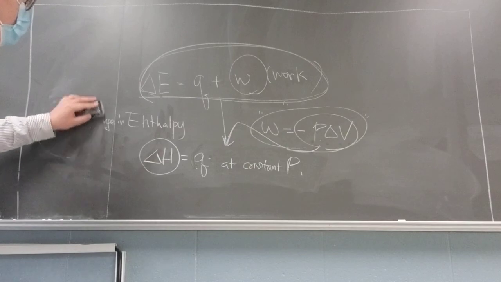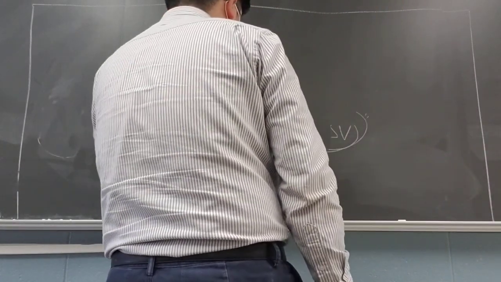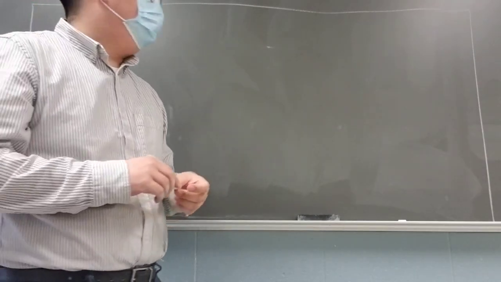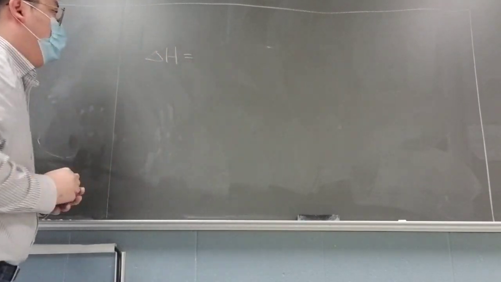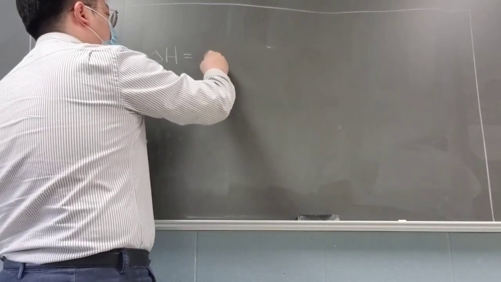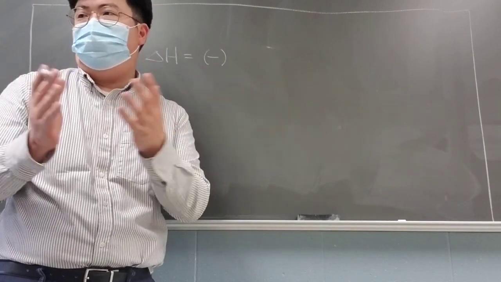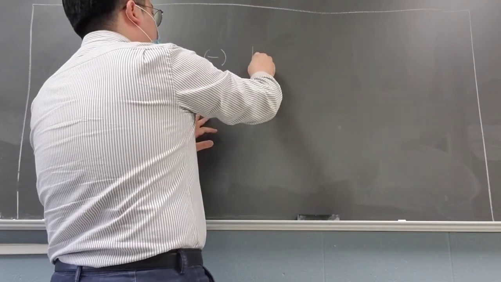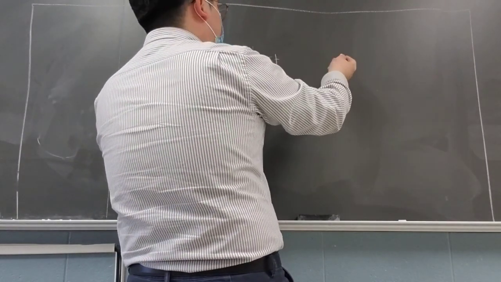Okay. So here's the thing. Whenever we talk about the change in enthalpy, if that is negative, meaning they lost the heat energy, right? They lost the heat energy if it's happening at constant pressure. So that means they lost a certain amount of energy, in the form of heat.